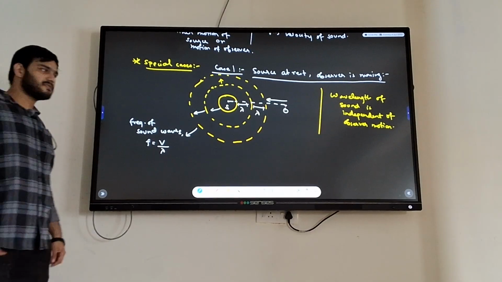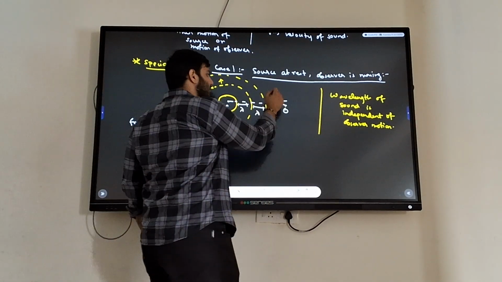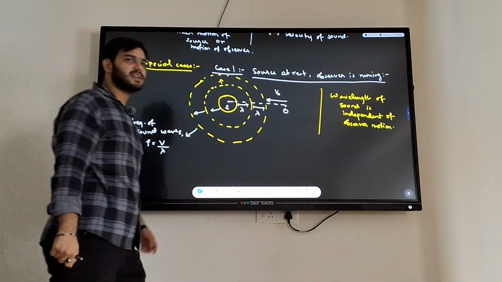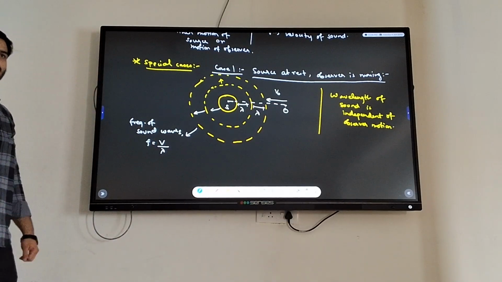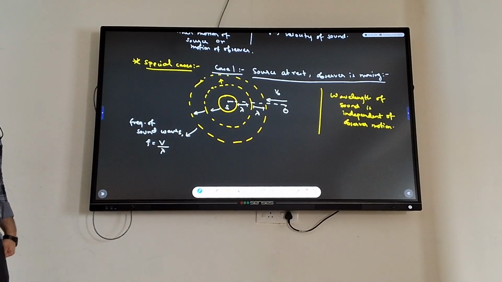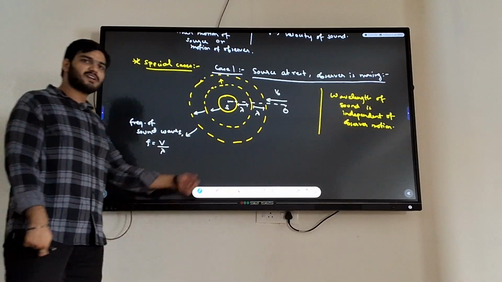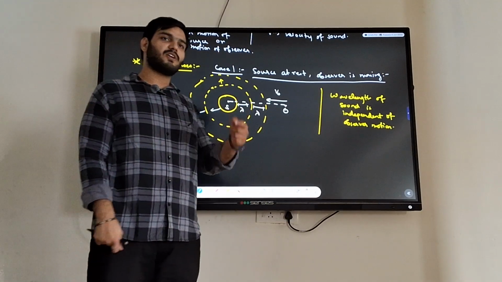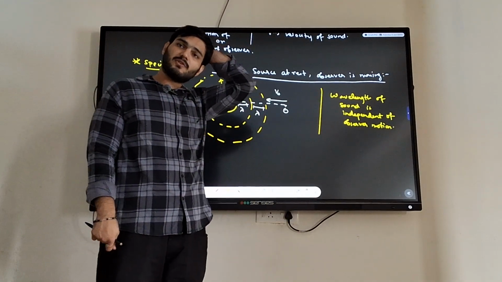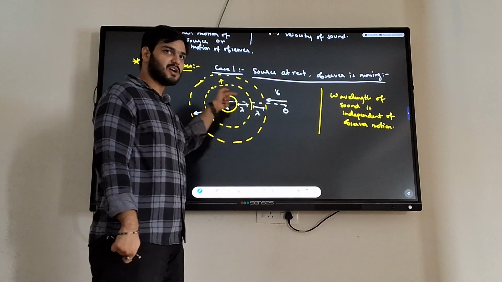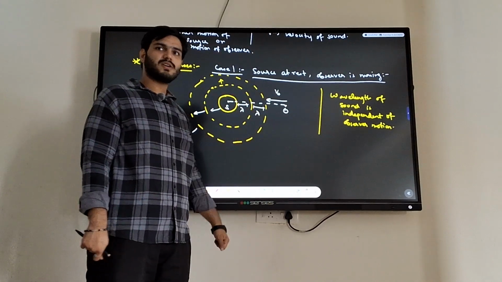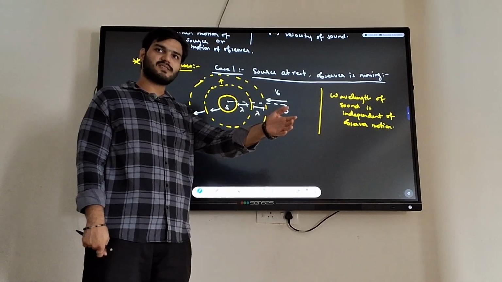What will the person which is moving with a velocity of V naught towards the source, what will he hear? He will hear an apparent frequency. What will he perceive the sound waves to move with? तो उसका बताओ, ये V naught से इधर आ रहा है, sound waves V से इधर आ रहे हैं. What is the velocity that he will think the sound waves are coming with?